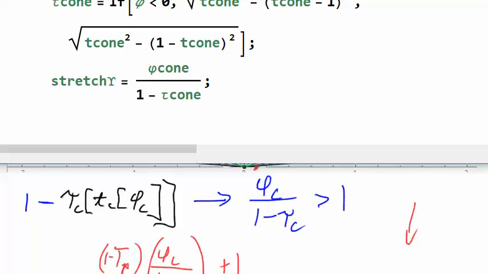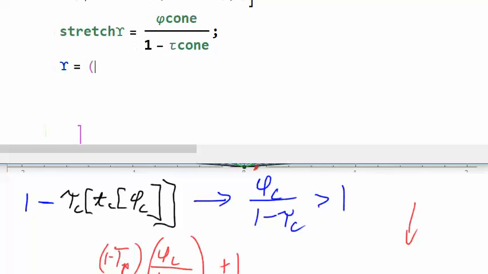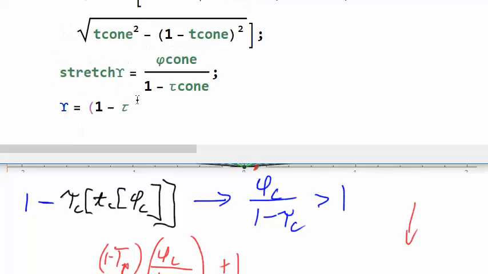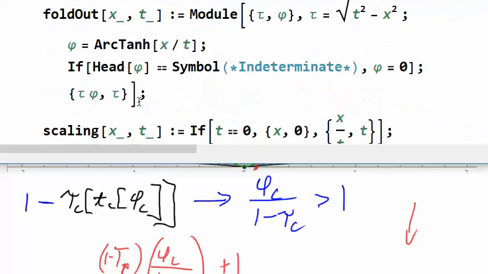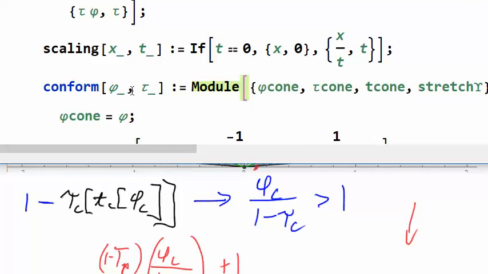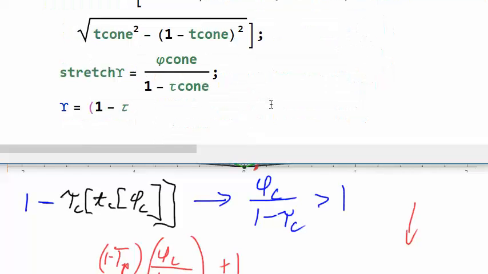And hopefully, we'll actually set our conformal time to be 1 minus tau. Tau is the original tau. I don't think I've used it yet. Yeah, it's this tau right here. That's the tau of the actual point we're working with, and this is the first time I've used it in the function.